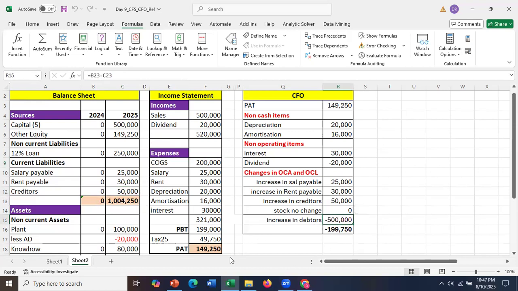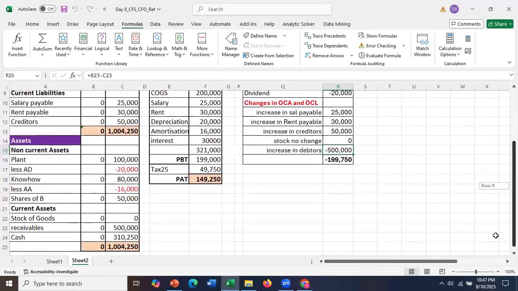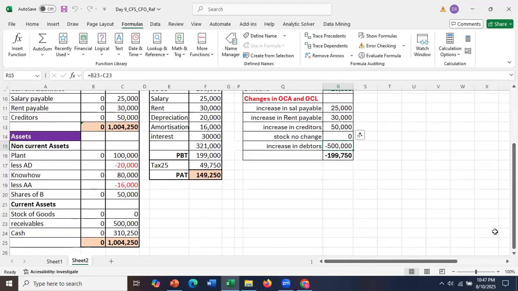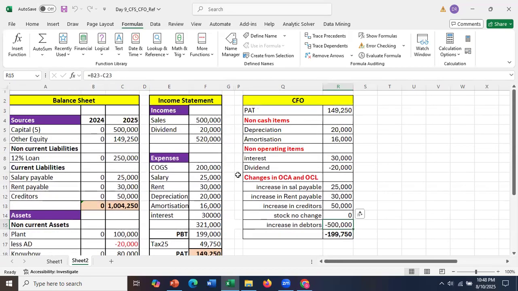Increase in debtors is a very important item. Increase in debtors by default means credit sales. So here the entire sales is credit sales. Now if you sum them up, we get 199,000.